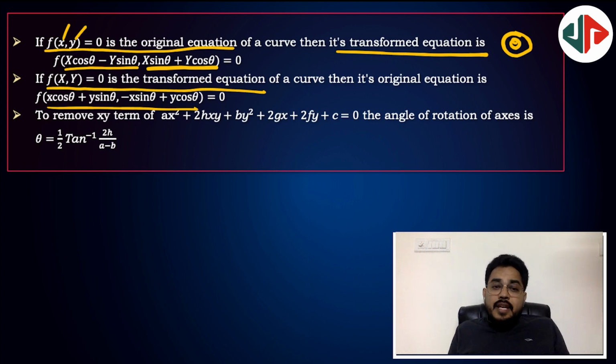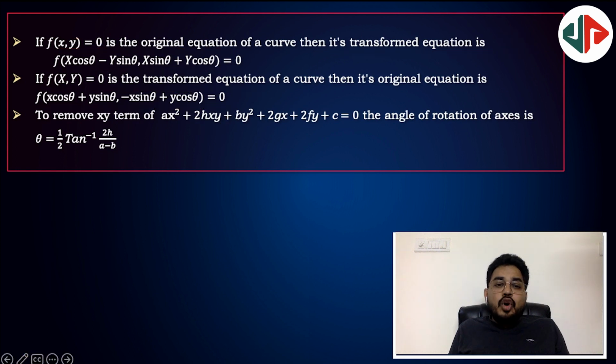And to eliminate the xy term, please understand the important thing here: when you want to eliminate the linear terms, you need to shift the origin. When you want to eliminate the xy term, you need to rotate. To eliminate this one, you need to rotate.